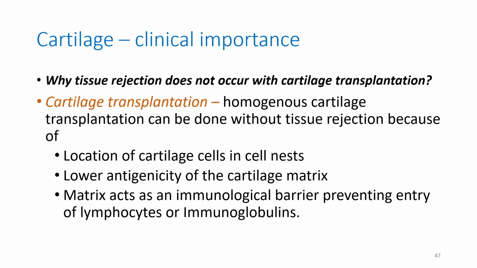There is lower antigenicity of the cartilage matrix, and the matrix acts as an immunological barrier and prevents the entry of lymphocytes or immunoglobulins. That's why there is no tissue rejection with cartilage transplantation.